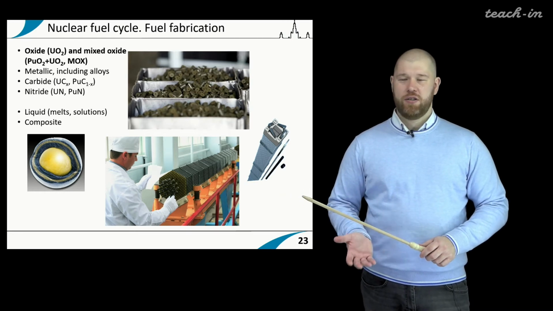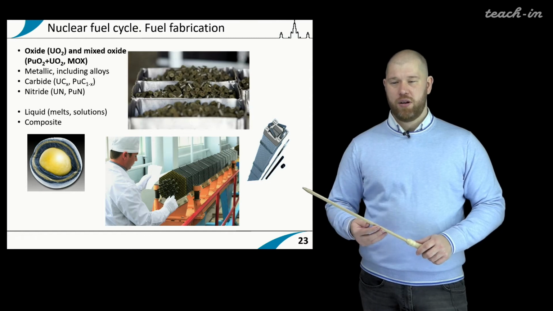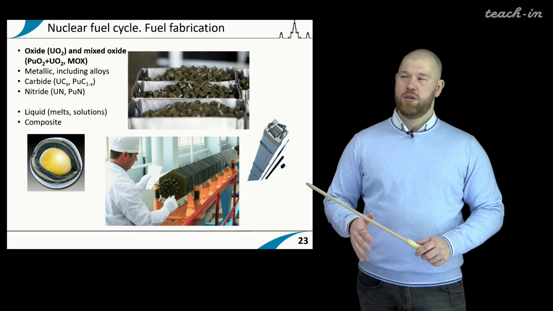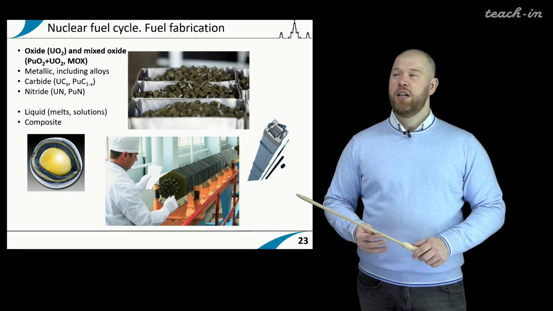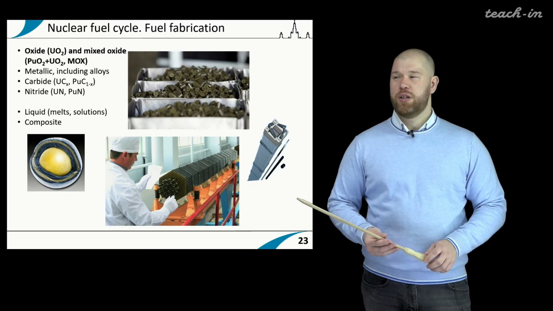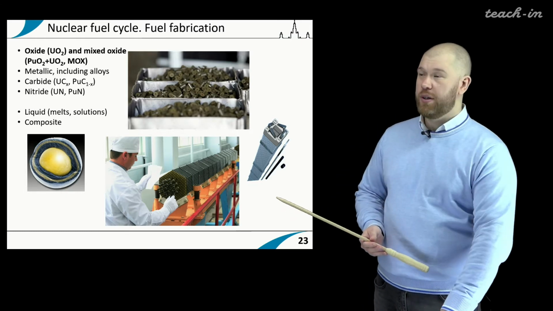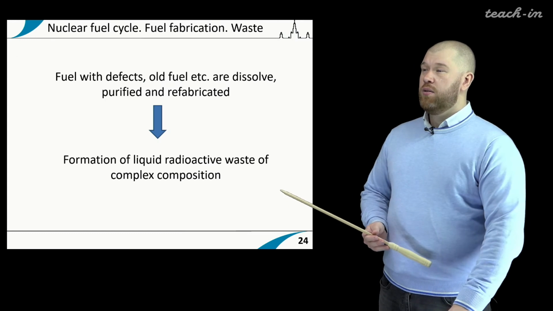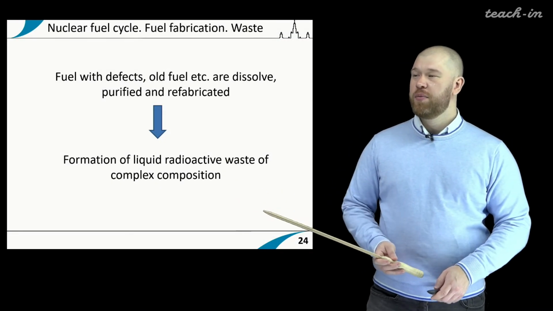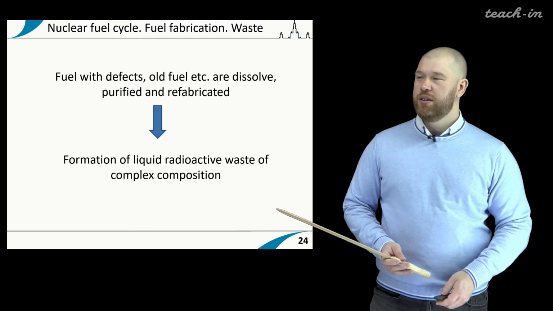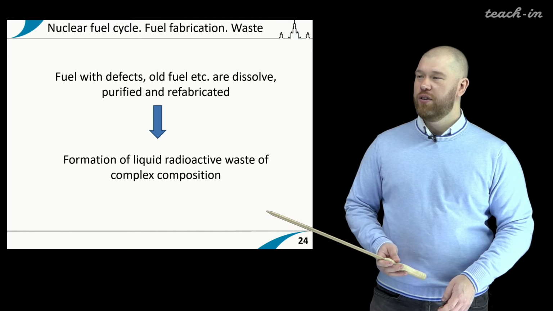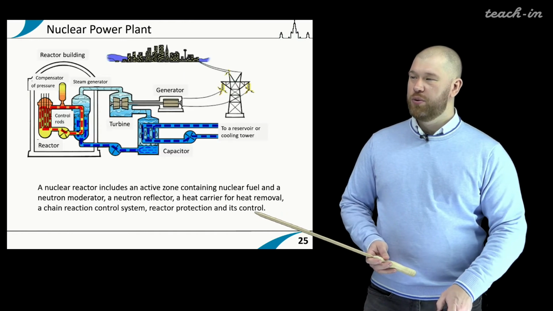But as there are steps for purification, dissolution, filtration, etc., some liquid waste is produced, and of course some solid waste. So, as I already mentioned, these defective fuels are dissolved and refabricated, and we produce some radioactive waste.